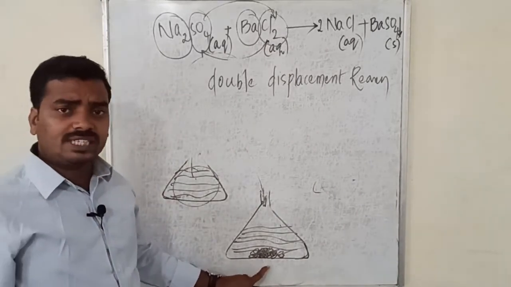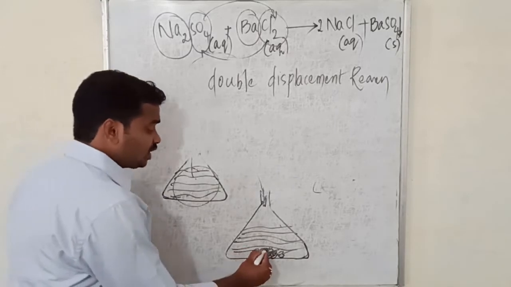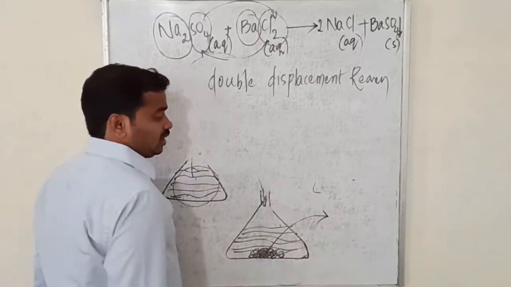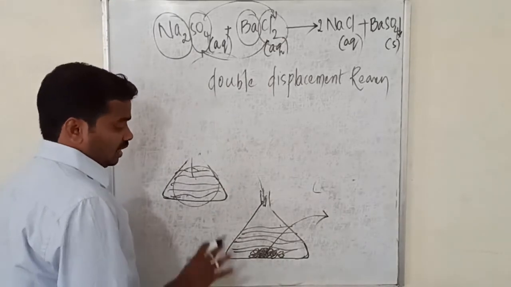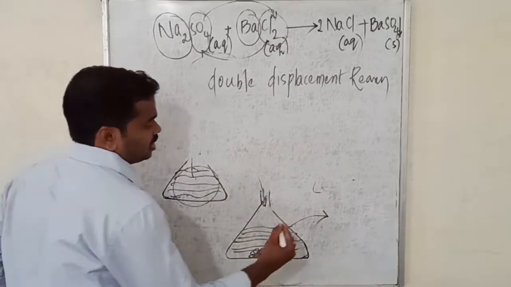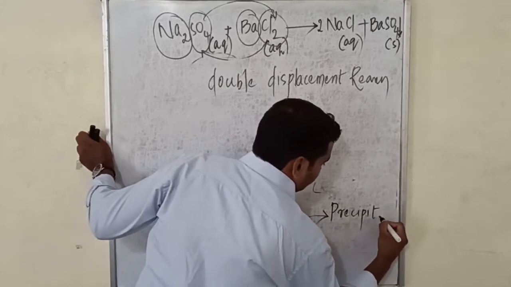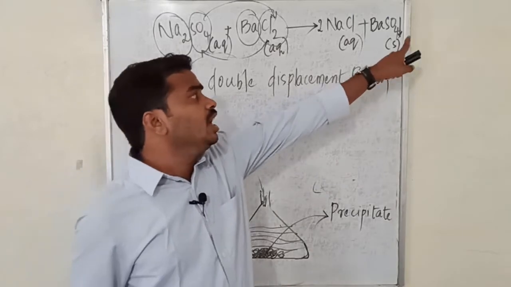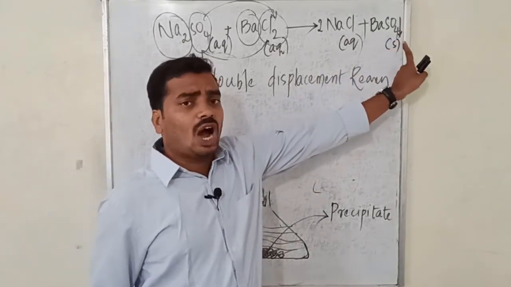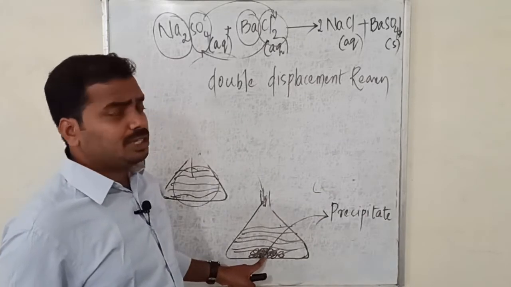Like this, there will be some undissolved material which is accumulating at the bottom. Such kind of undissolved material which is not getting dissolved, such kind of material is called as precipitate. So when there is a formation of precipitate, you would give a downward arrow like this, indicating the precipitate formation.